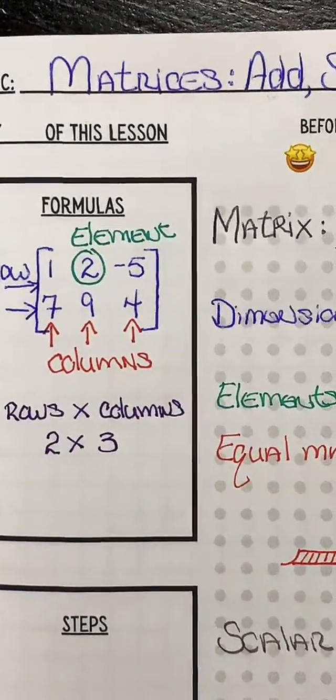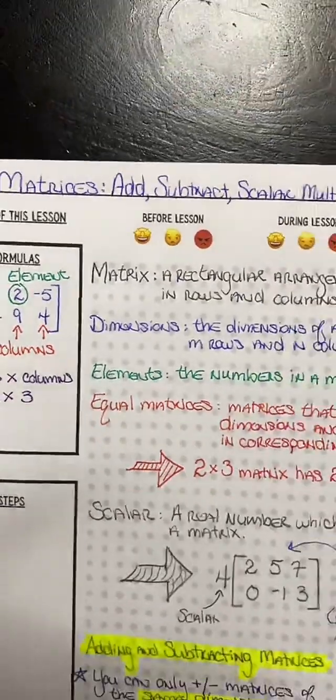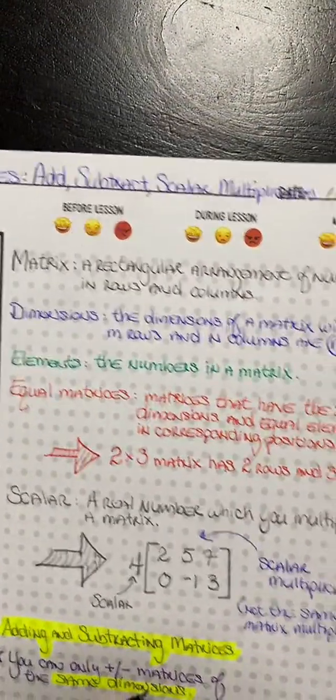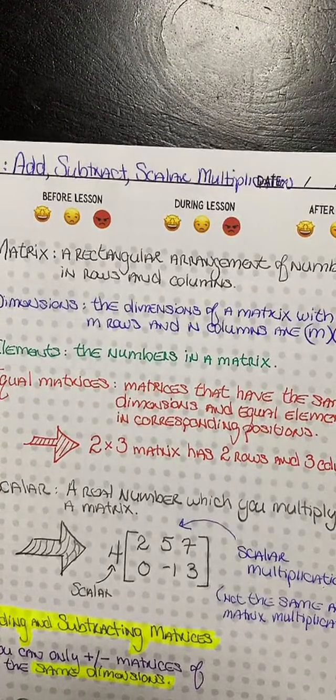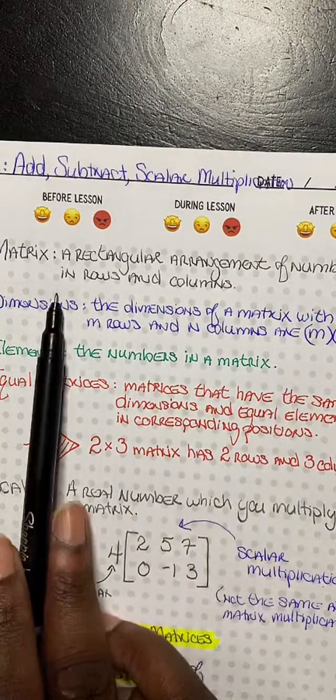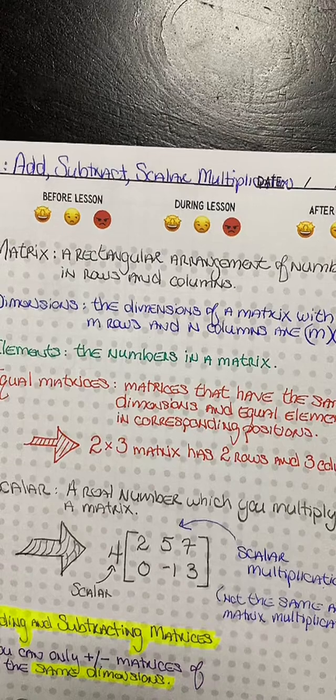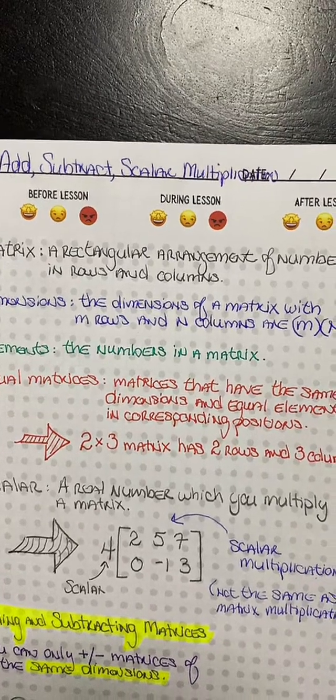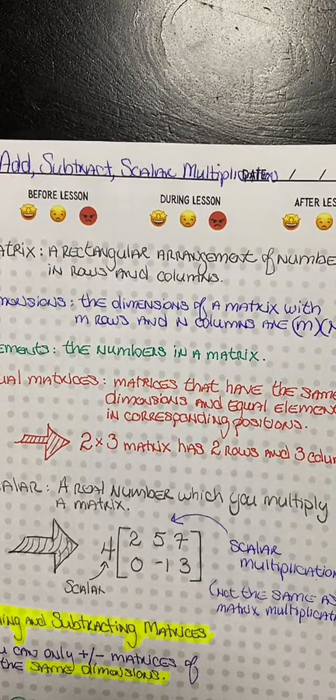Now, what is a matrix? Let me unzoom just a hair, so you can get most of this terminology. It's a rectangular arrangement of numbers in rows and columns. If you are running a t-shirt business, you're going to have kids small, medium, large, extra large.